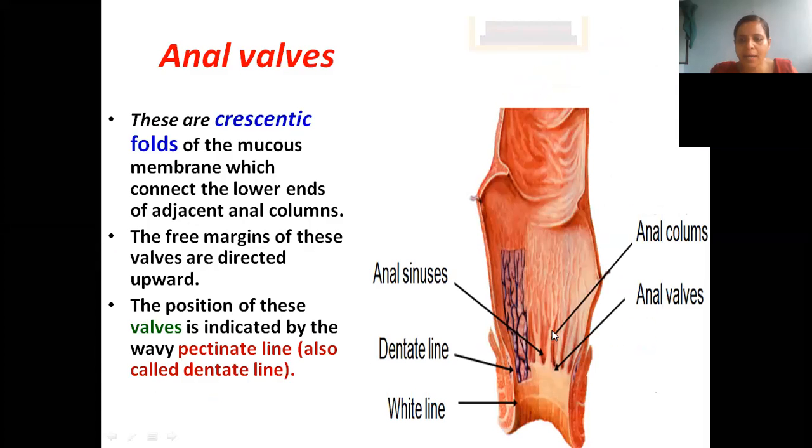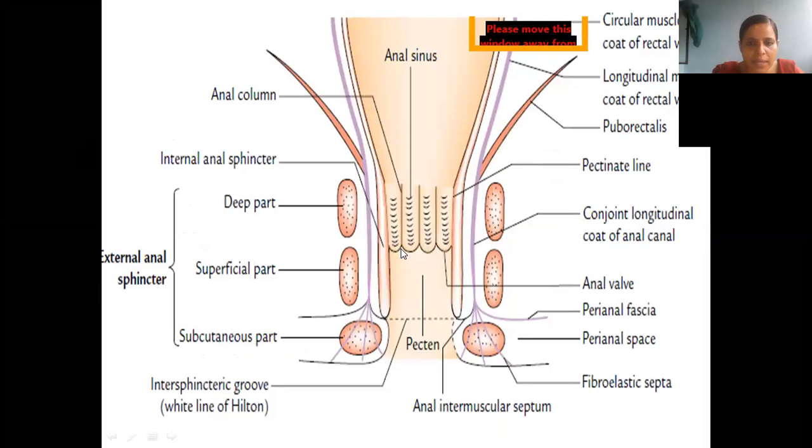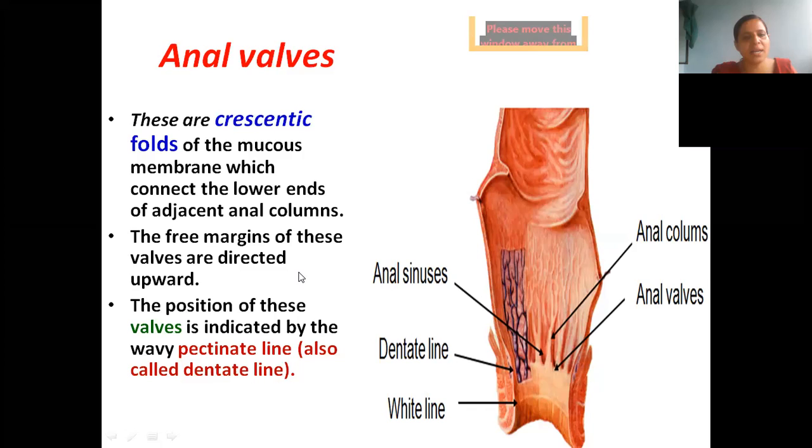So now, anal columns are permanent folds, which we have finished. After that you are finding there is a continuous line formed because of these mucosal folds. These are crescentic folds of mucous membrane which connect the lower ends of the anal columns like a wavy line. That wavy line is the anal valve.